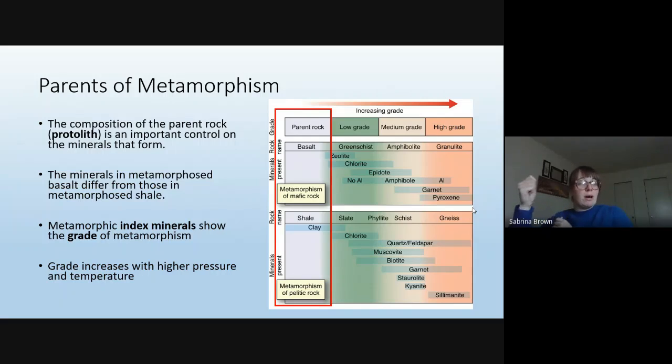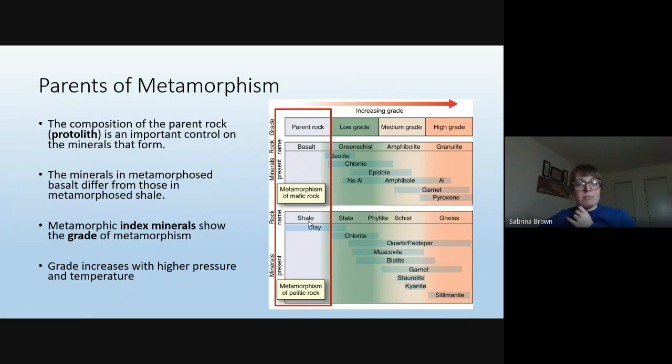That's because the composition of the protolith is a really important control on the minerals that form in the metamorphic rock. For example, on this diagram, we have two protoliths: basalt as an igneous mafic protolith, and shale as a clay-based sedimentary rock.